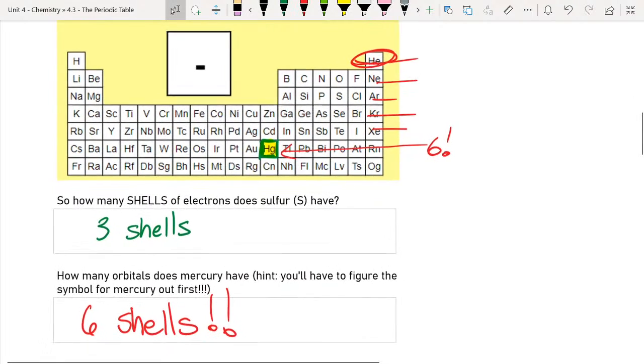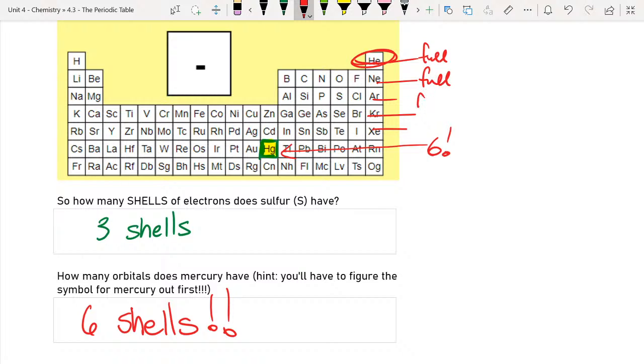All right. Any questions about that? So all we need to do to know how many orbitals are in an atom is just count down. Now, the nice thing is, anytime we go to draw one of these, this shell will be full for Mercury, this shell will be full, this shell will be full, that shell will be full, this shell will be full.